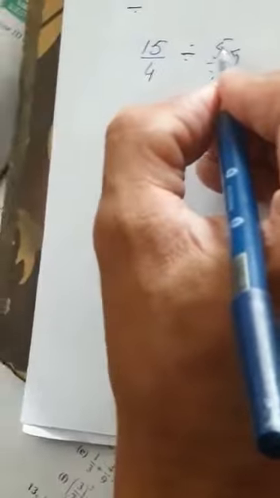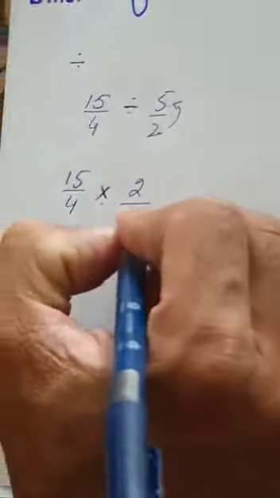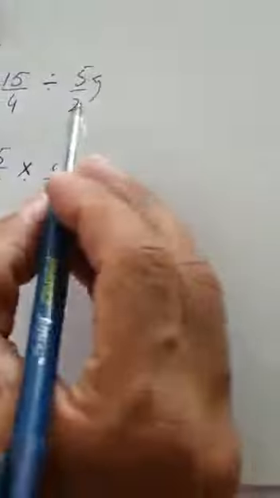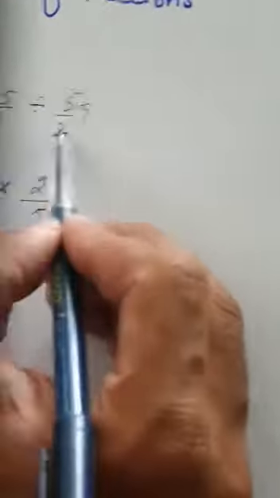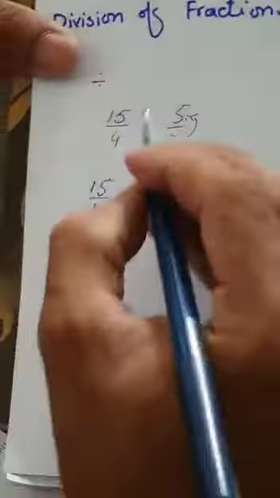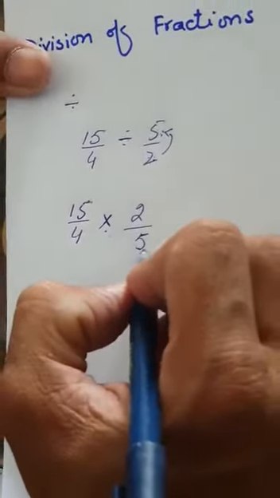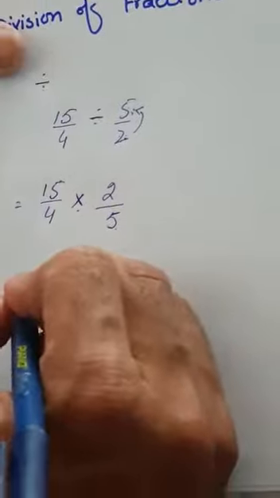Suppose first we are given 5/2. Now we will write it down like this, 2/5. This is only for the case of division. The last fraction will be changed if we are dealing with division. 15 over 4, and when we convert this division into multiplication, it will become 2 over 5. After this we will cut it down.